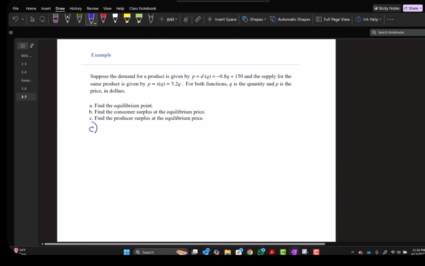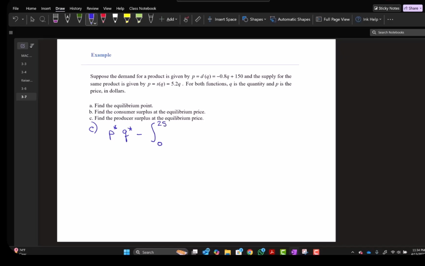C. Find the producer surplus at the equilibrium price. The producer surplus is P asterisk Q asterisk, price and quantity at equilibrium, minus the integral from 0 to Q asterisk, which is 25, of the supply.